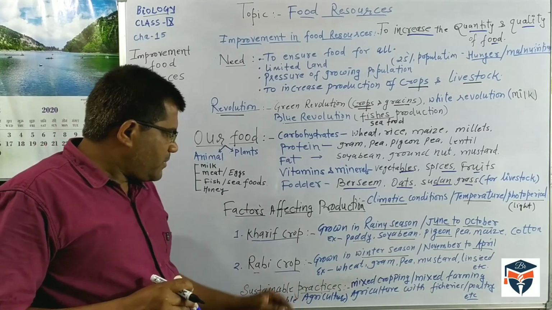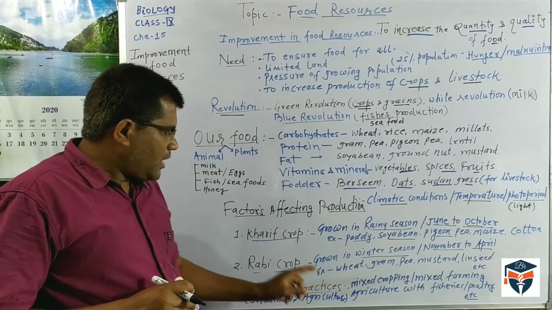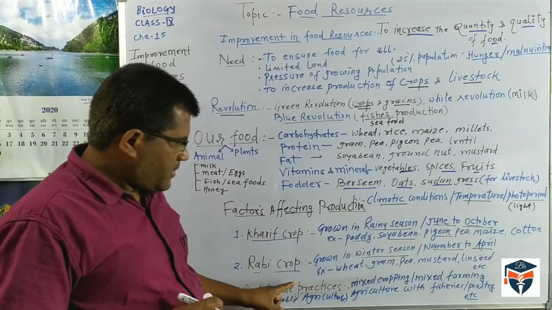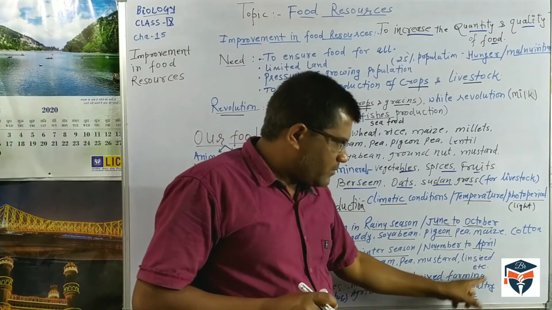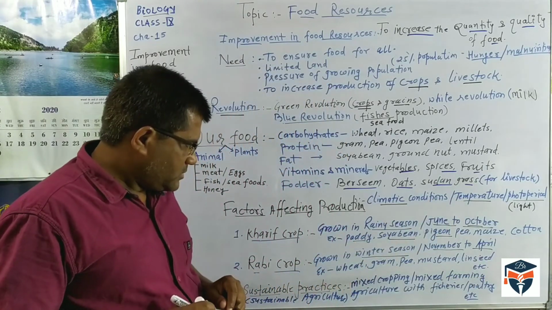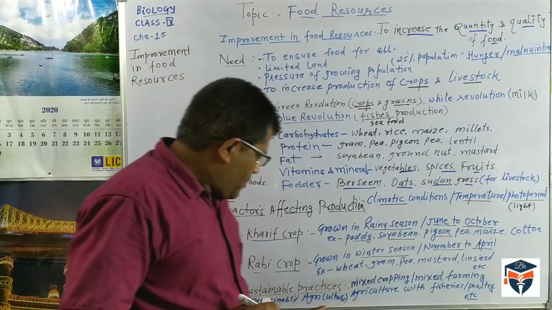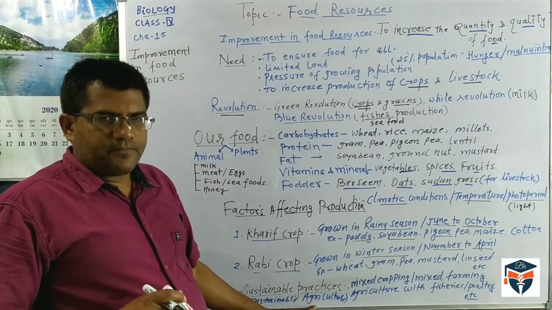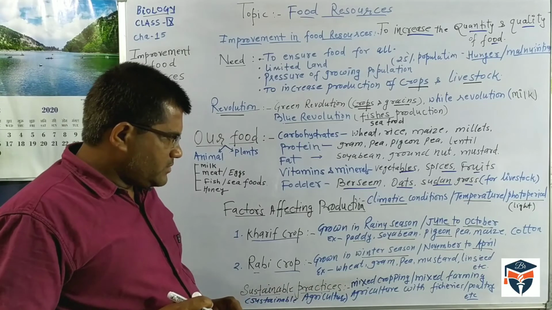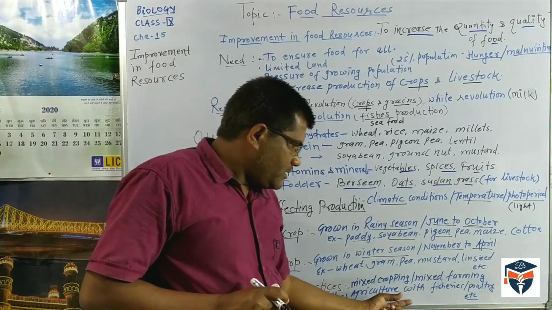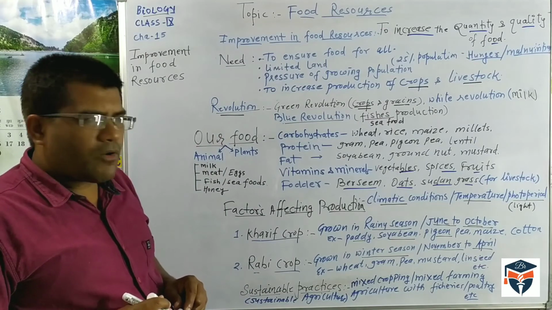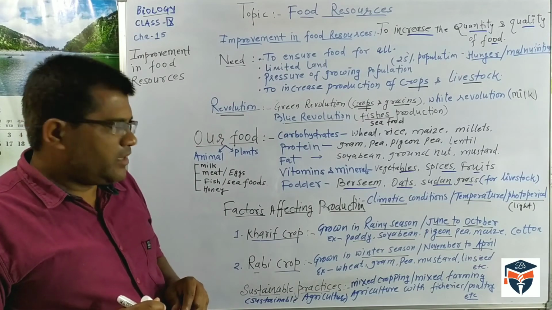Among these sustainable practices, mixed cropping is one sustainable practice, and mixed farming is a sustainable practice. Then one important thing is sustainable agriculture. Sustainable agriculture means agriculture along with other things like fishery, poultry and honey bee keeping.